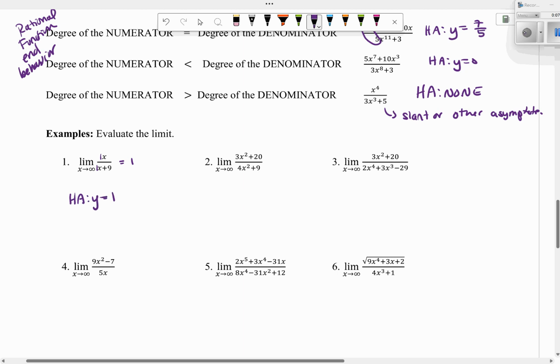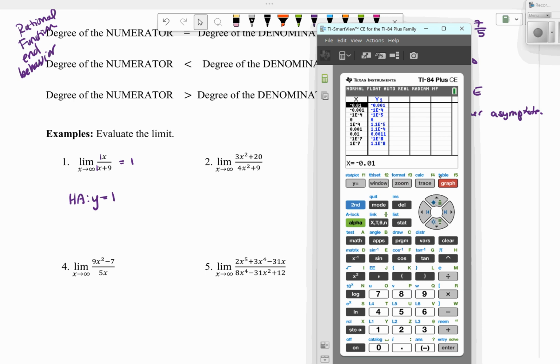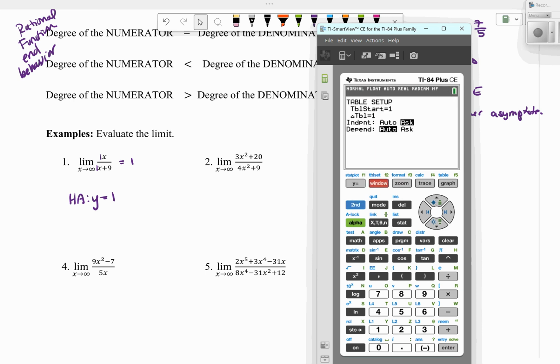Now, another way you can do these is to use your calculator. So if I were to plug this into my calculator, I have x divided by parentheses x plus 9. And if I go to second graph, which is your table, second window, I'm on ask right now. So if you keep this on ask and keep this one on auto, go to second graph, which is your table.